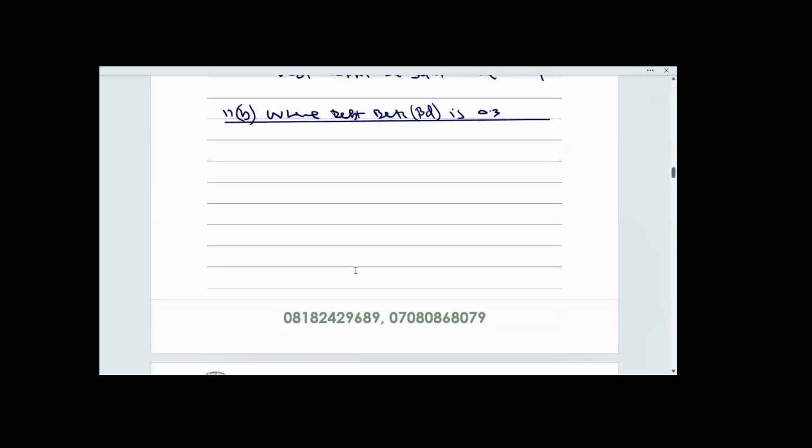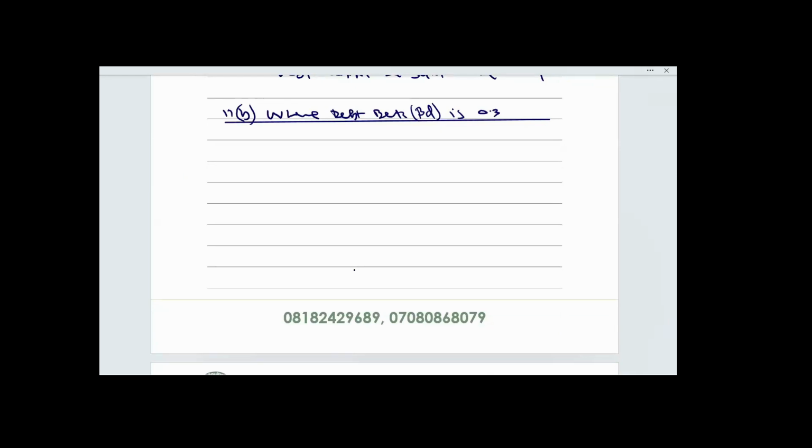Okay. So in this case, because you have been given a debt beta of 0.3, you need to recompute your project-specific cost of capital. You've already identified the proxy beta to be 1.18, so you don't need to redo step 1, just start from step 2.